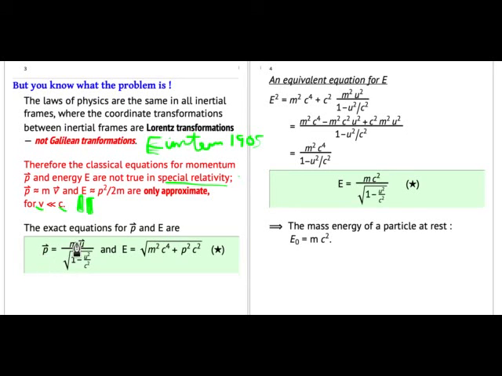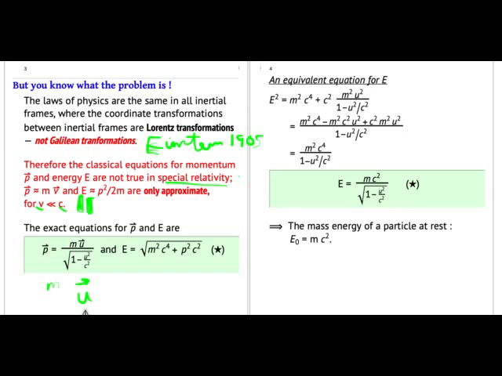P is equal to mu over the square root of 1 minus u squared over c squared. M is the mass of the particle. U is the velocity of the particle in some frame of reference. That's the frame of reference in which I'm writing down the momentum. I don't use the velocity symbol v because I'm using v for something different.